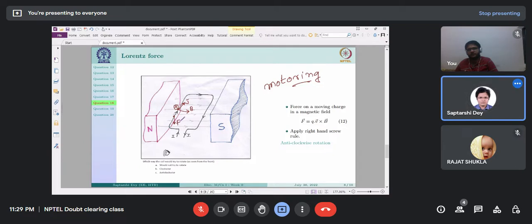So this conductor will experience a downward force. So let us assume the axis of rotation something like this. Similarly, the direction of V here will be like this, while B is the same. So I have again, by the right hand screw rule, the force to be upward.